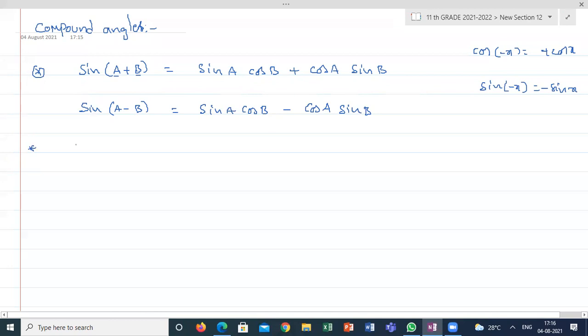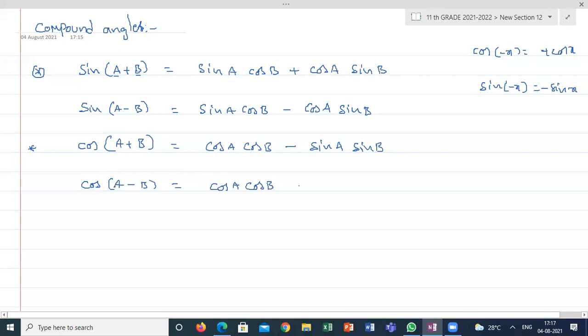In the same manner, cos of A plus B gives cos A cos B minus sin A sin B. And cos of A minus B will be equal to cos A cos B plus sin A sin B. These are the four standard equations which you can write.